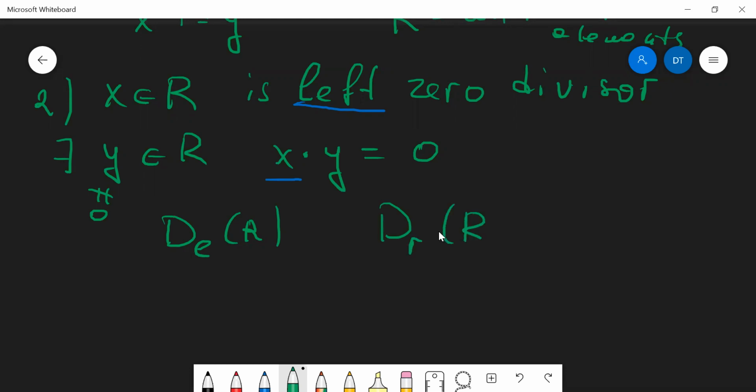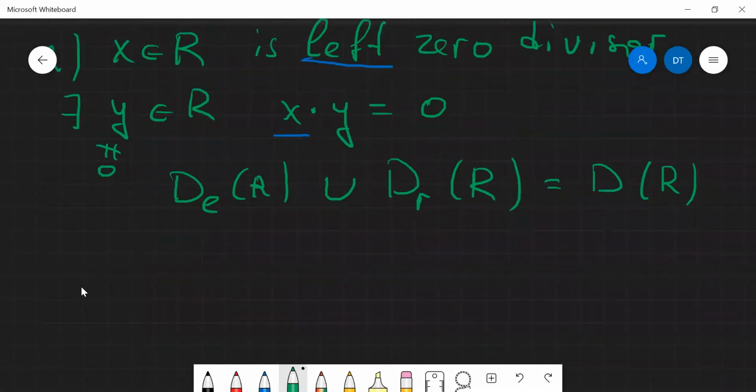DR of R is the set of all right zero divisors, and D of R is the set of all zero divisors. So zero divisors in the ring is just the set of all left and right zero divisors. In case of the commutative ring, there is no difference between left and right zero divisors, but in general there is a difference. But we will mostly deal with commutative rings, so it will be not that important.